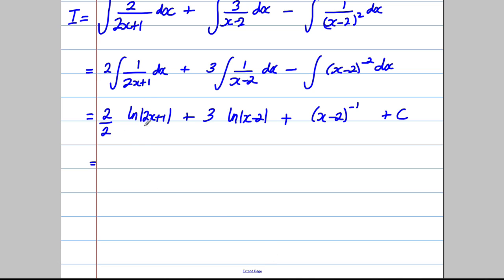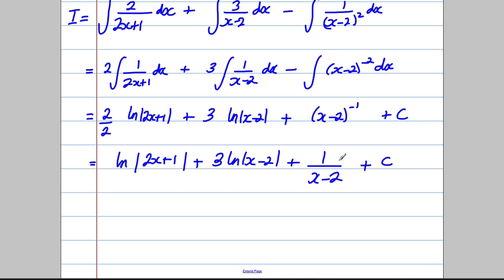Okay, and now I could combine these. That would be just 1, so it would be the natural logarithm of 2x add 1 plus 3 natural logarithm of x take away 2 plus 1 over x take away 2 plus constant, like that. Okay, and at that point I could leave the logs like that, or I could combine them.